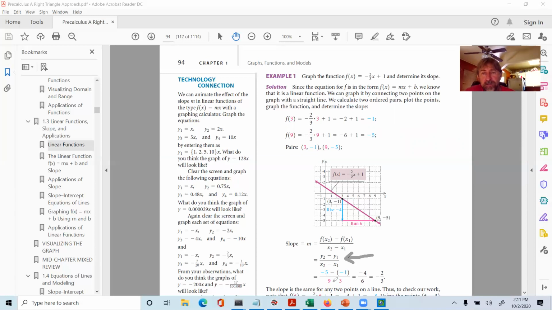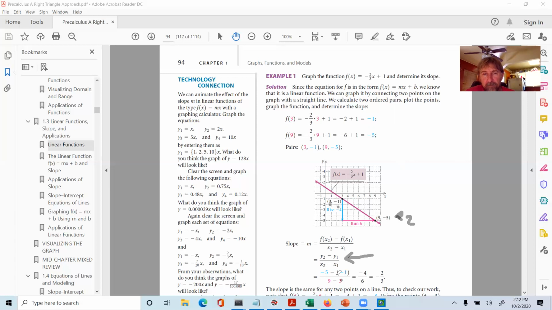Okay, the second point is this one, point 2: x2 is 9, y2 is -5. So we get the -5 and the 9. And remember how the formula works: y2 minus y1 over x2 minus x1. x1 is 3, so 9 minus 3, and y1 is -1.